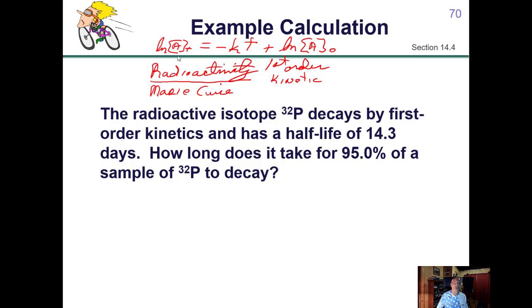You don't have concentrations here, but what you do have is percentages. So you could take any particular total amount to start with. For instance, you could start with 100 grams, 100 molar, whatever you wanted.